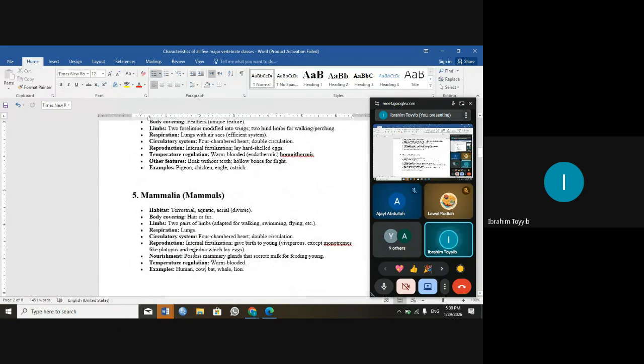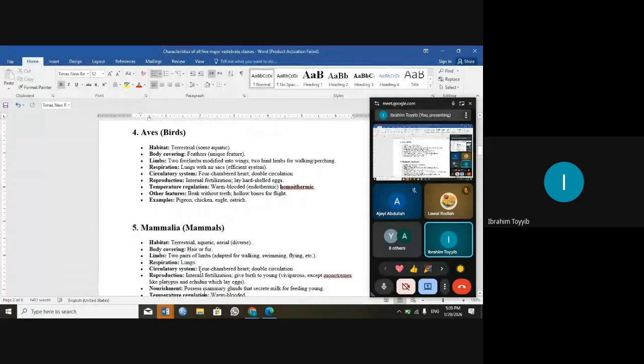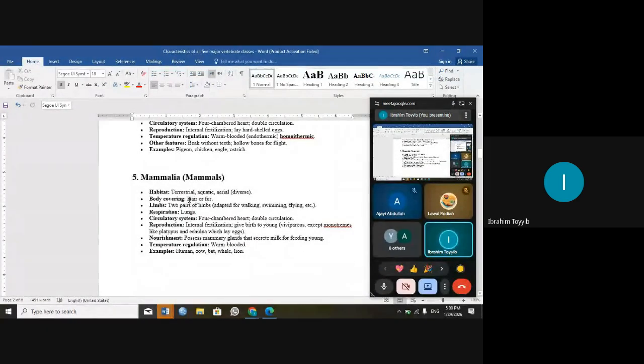Now, aves are also oviparous. Why are mammalia viviparous? Because they do not lay eggs, they give birth to their young alive. They have hair or fur covering the body.